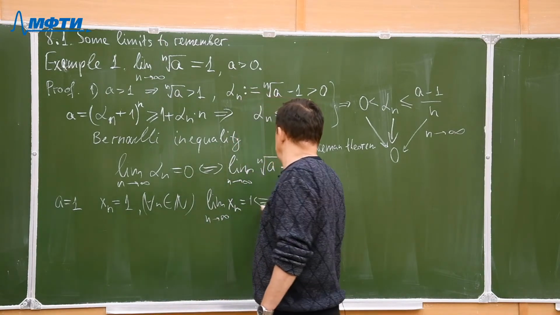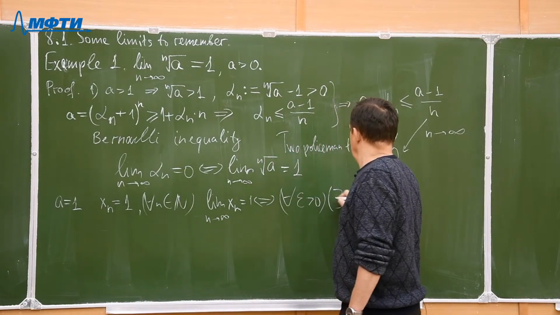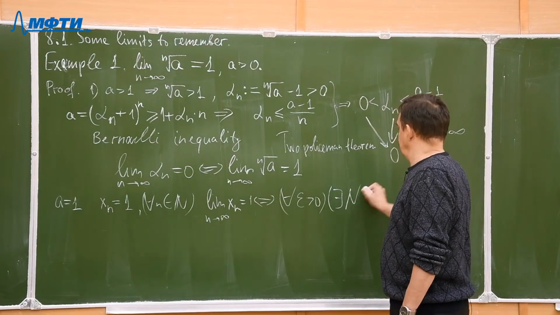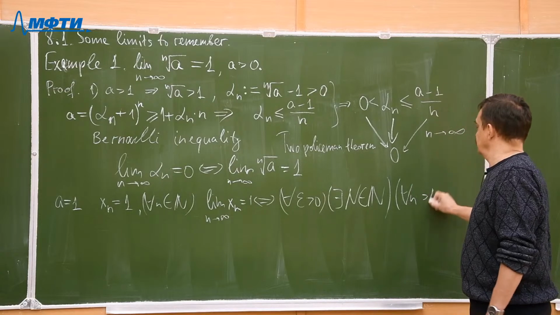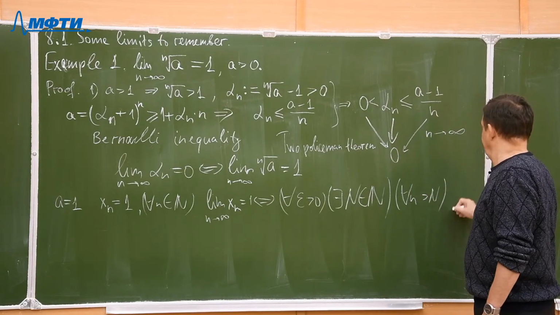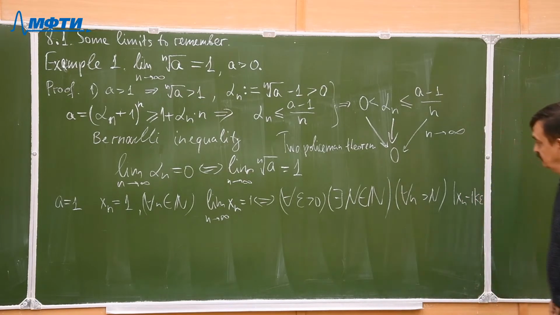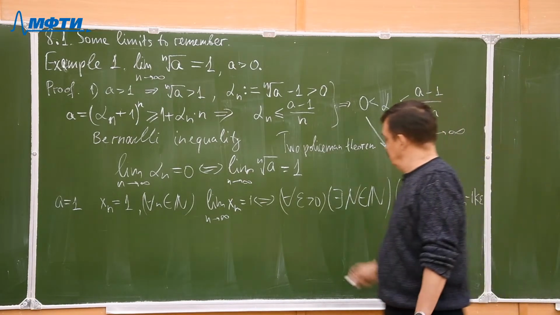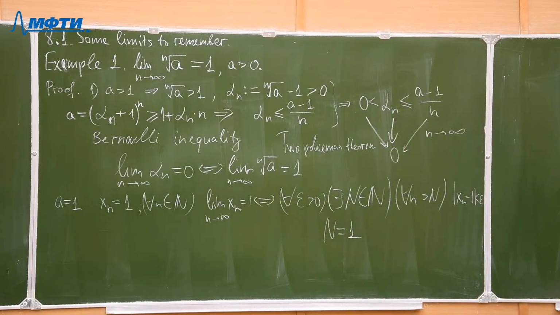Because by definition, for arbitrary epsilon greater than 0, we can choose capital N natural number such that for all n greater than N, we have |x n minus 1| less than epsilon, and we can choose N equals 1 for arbitrary epsilon greater than 0.